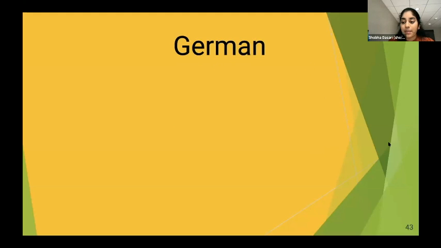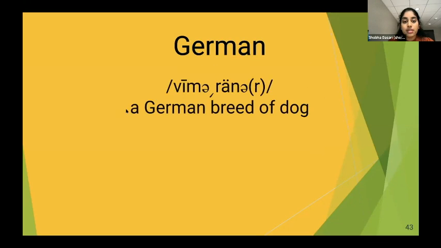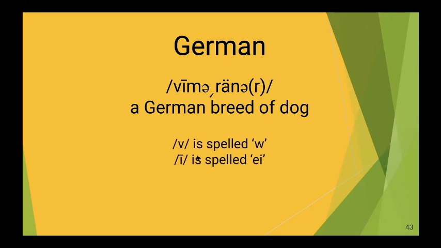Okay, let's try some examples. The word is German, and the pronunciation is Weimaraner. This is a German breed of dog. Can you repeat the word? The word is Weimaraner.